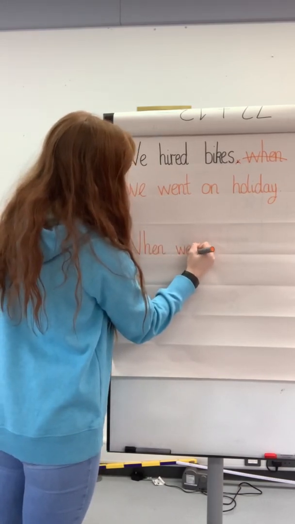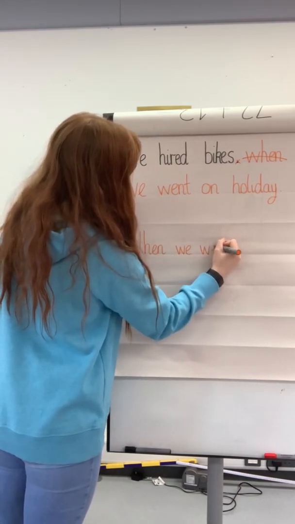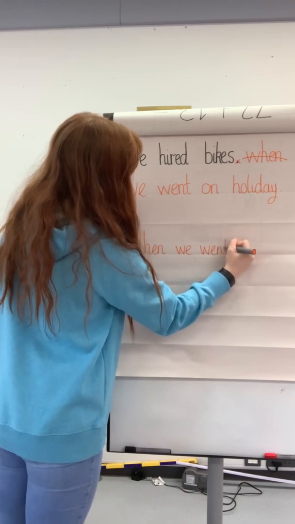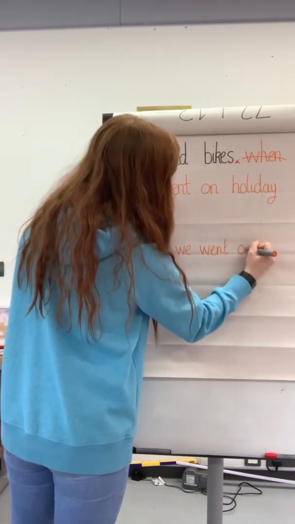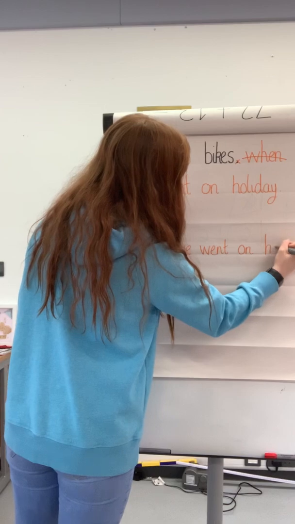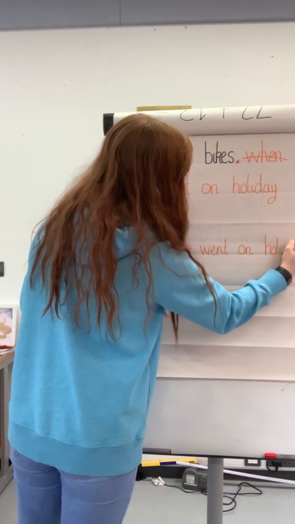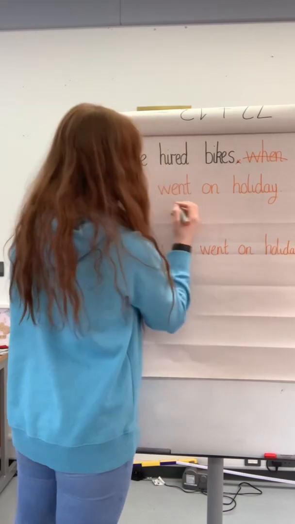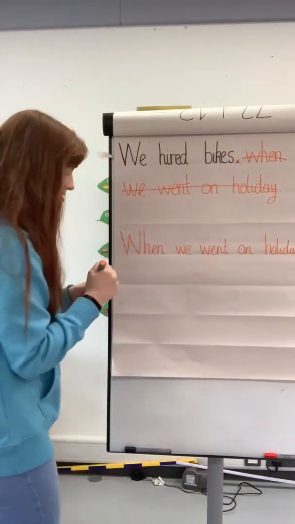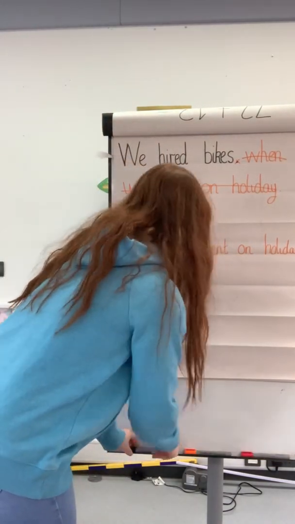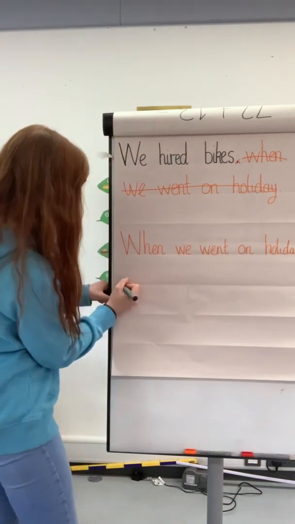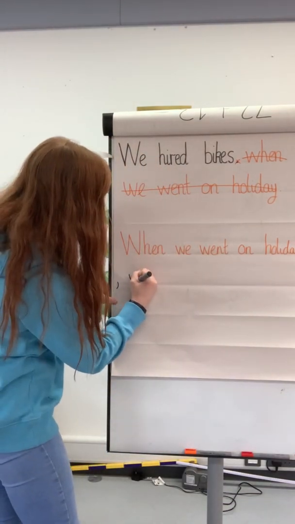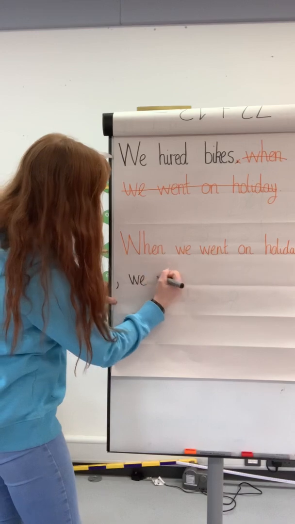So when we went on holiday, so that's this orange sentence. Can you see that? So when we went on holiday, then we're going to put a comma, we hired bikes.